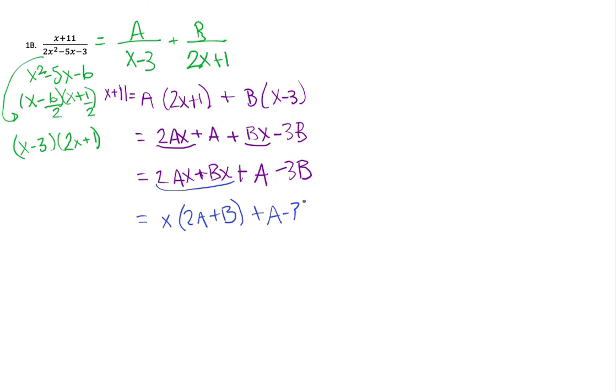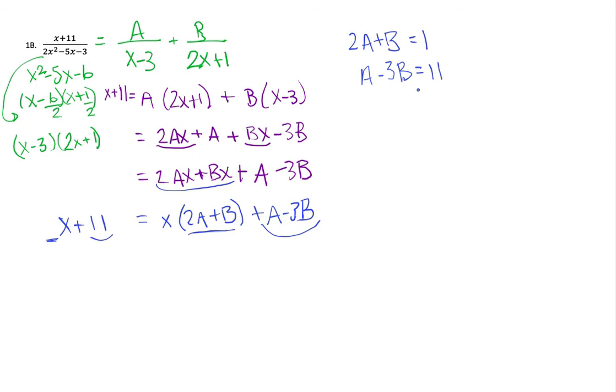There's no common factor in those. Okay, here's my x plus 11. So what I'm going to set equal to 1, because there's a 1 being multiplied to that x, is my 2a plus b. So 2a plus b is going to equal 1. And then my a minus 3b is going to equal my 11.